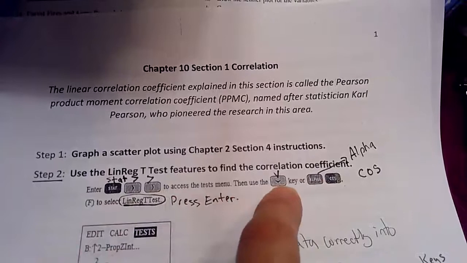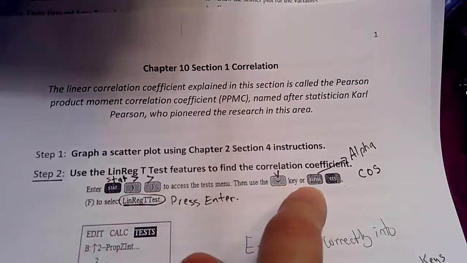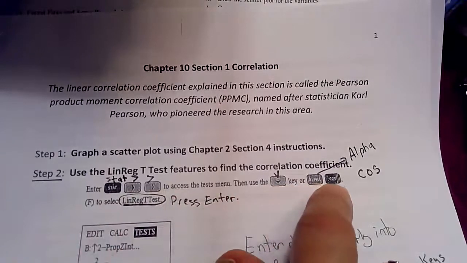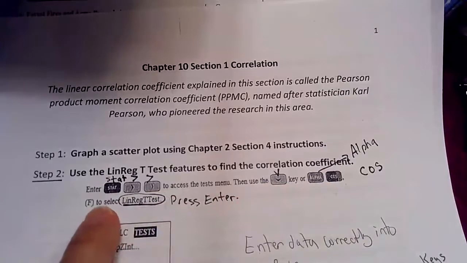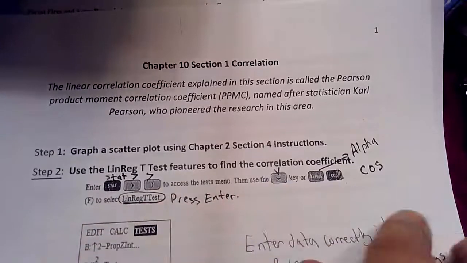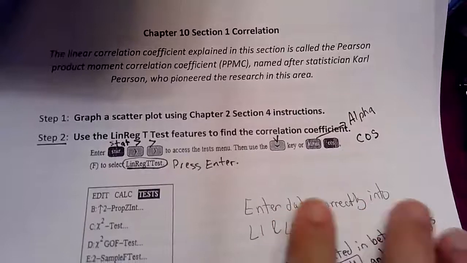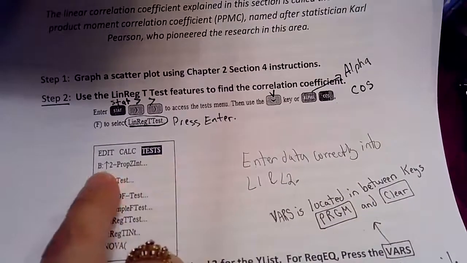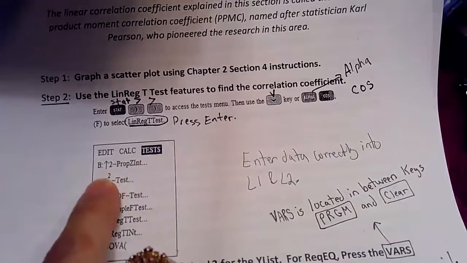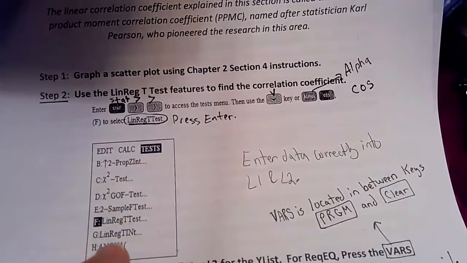Then you want to use the down arrow key, or you can use alpha and then the cosine key. And it says here F to select the linear regression test and press enter. So when you go through your tests, you're going to have a list like numbers 0 through 9, and then A through probably Z.